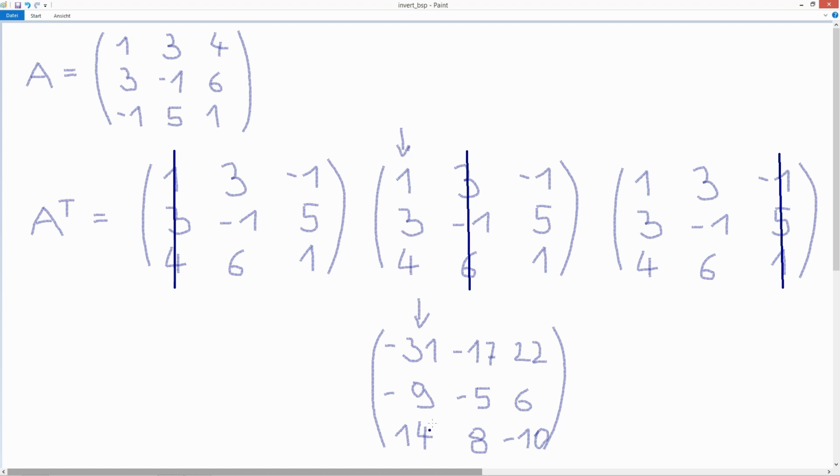So we have to calculate the scalar product of this column here with that column, like that. Minus 31, minus 9 and 14 dot 1, 3, 4.